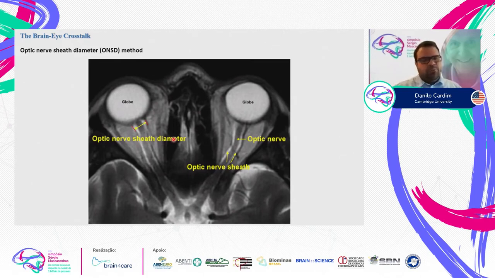And this method is only possible because there is, as I said before, this brain-eye crosstalk as a means for non-invasive ICP assessment, that basically relies on the anatomical continuation of the subarachnoid space from the intracranial to the extracranial compartments of the central nervous system. But we will see this in more detail in the next slide.